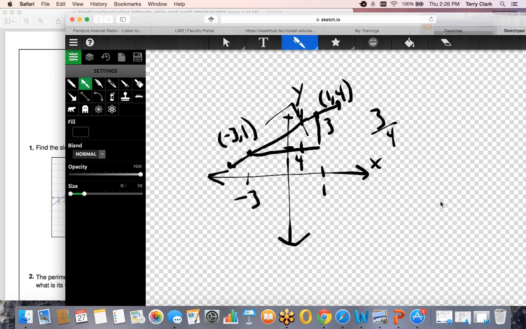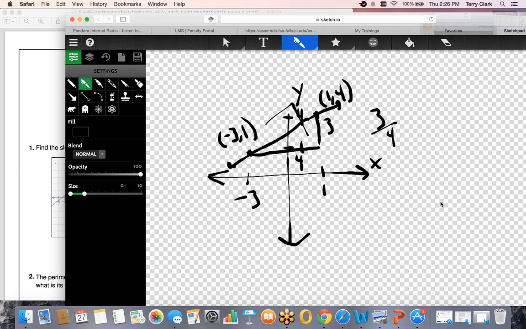Okay, so in the second one, if we had to start it off with 4 minus 1, and then divide that by 1 minus -3, we'll come up with 4 minus 1 is going to give you 3.